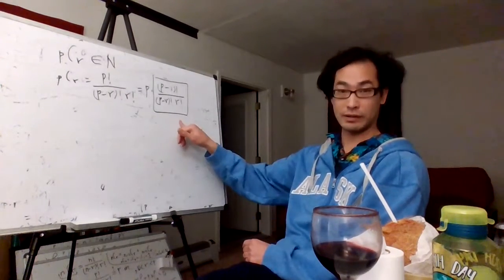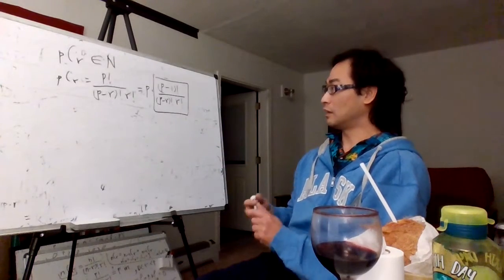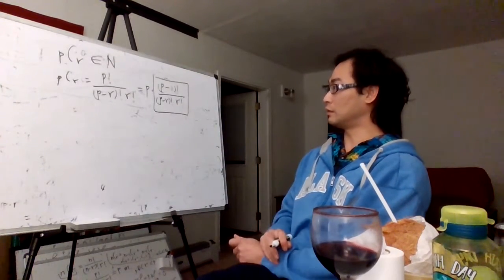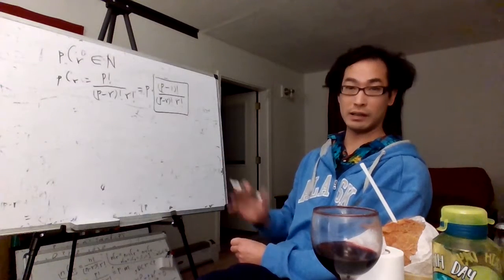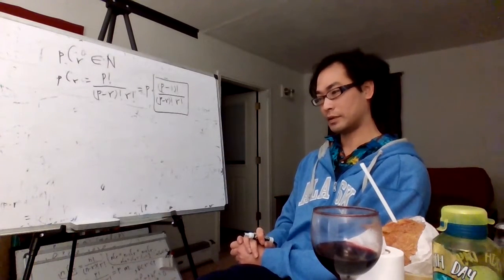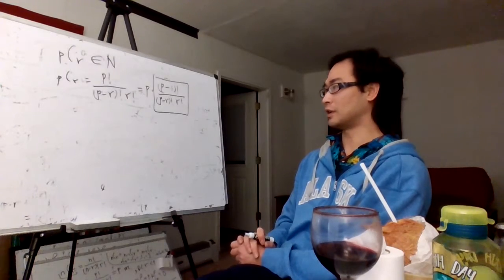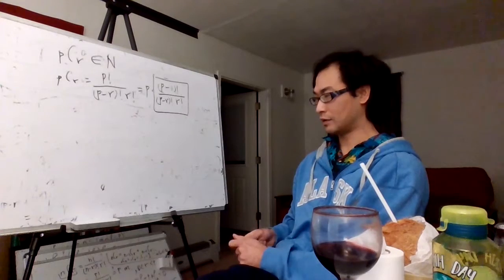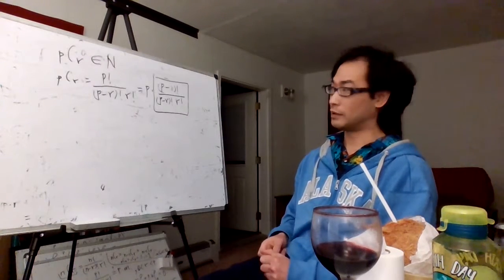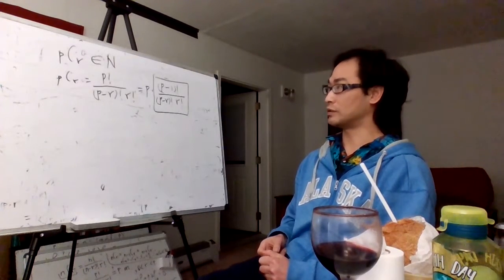If it's a fraction, that means, okay, we're going to prove by, not counterexample, but what's that called? Contradiction. Okay, proof by contradiction.